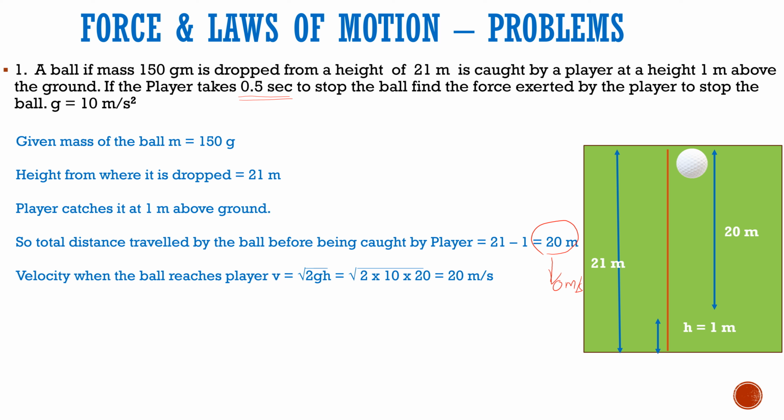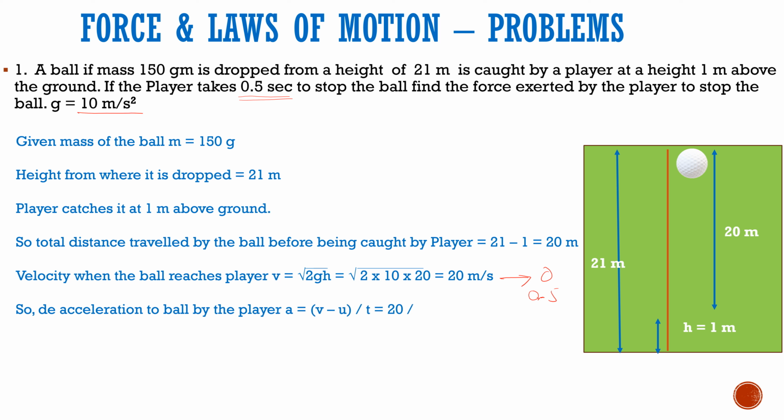So from 20 meter per second it goes till 0, and till this, it takes 0.5 second. So we can find out the deceleration. v minus u equal to at. With that we can find the deceleration that is being provided, which is 40 meter per second square.